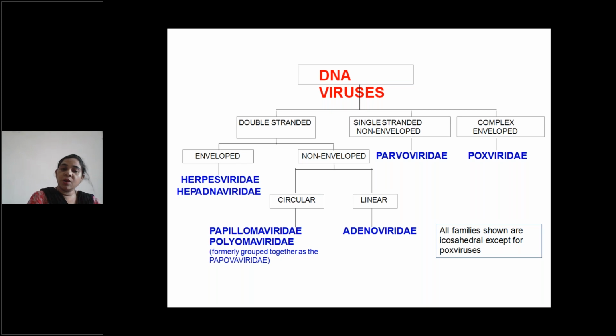Whether it is circular or linear. If it is circular, then it is of two types: papillomaviridae and polyomaviridae. If it is linear, then it is adenoviridae. Single-stranded, non-enveloped, parvoviridae. Complex enveloped, poxviridae.